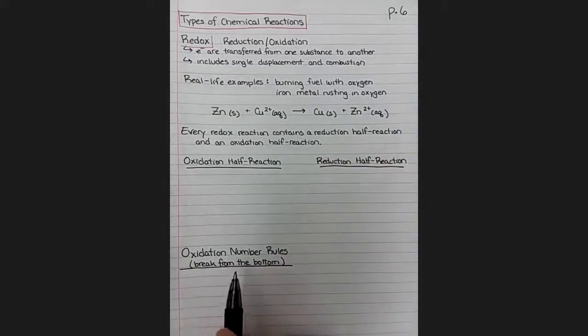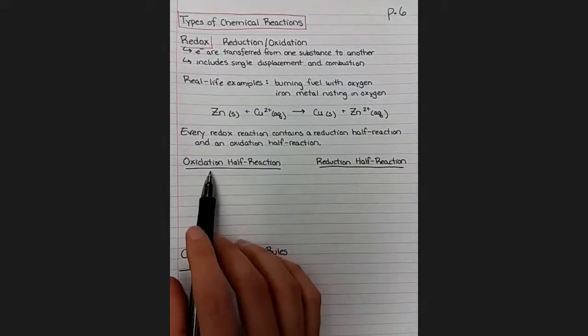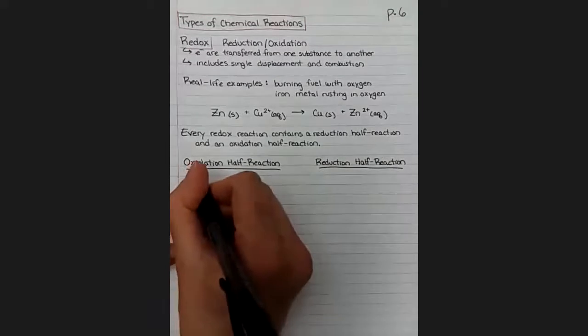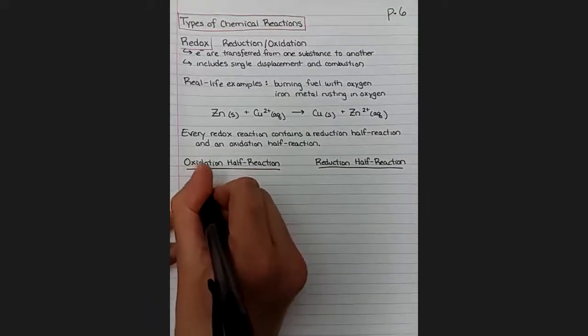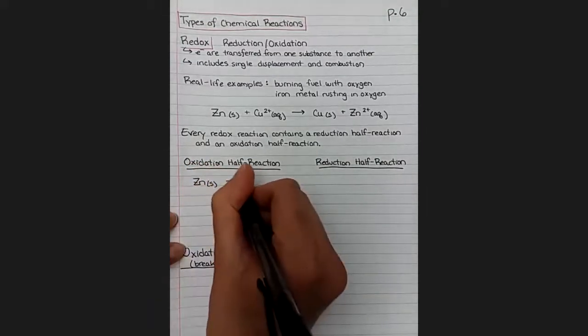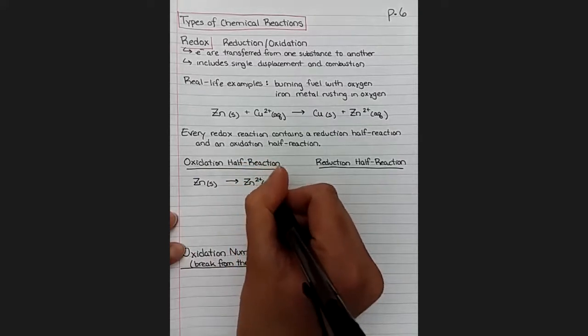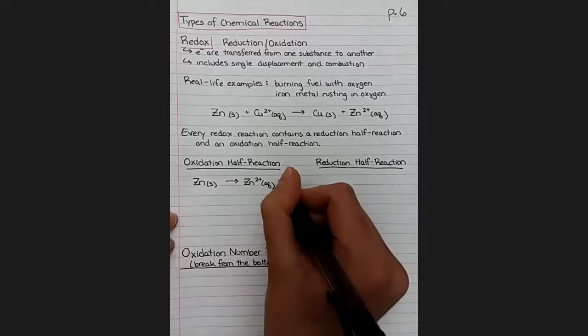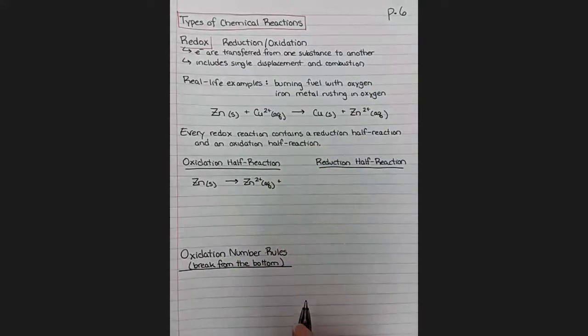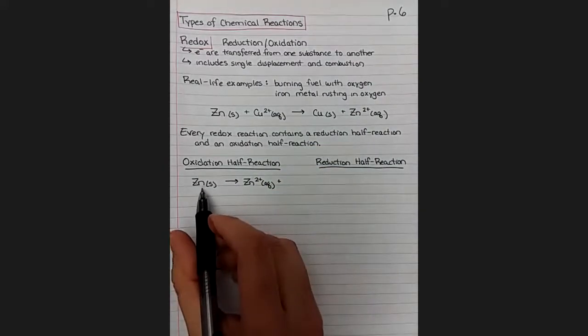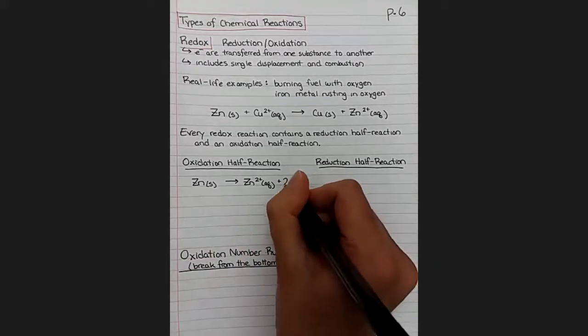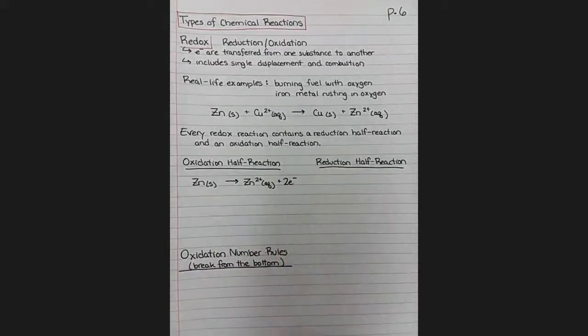Okay, so what are we looking for? Our oxidation is going to be our zinc going to the zinc ion. So the unwritten part of the reaction in the full version is that this zinc solid is giving off 2 electrons to become that ion.